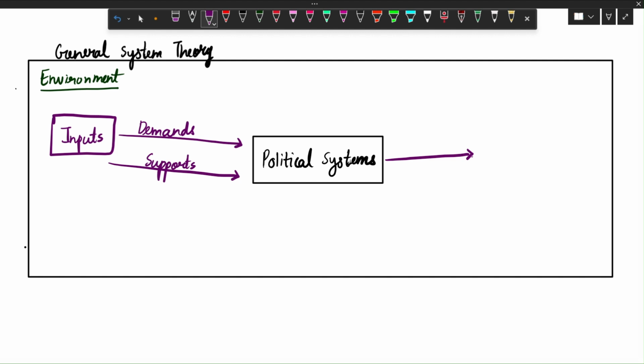The political system recognizes them, understands them, and after that makes a decision or a public policy on the demands of the citizens and the groups. And these decisions and policies are called outputs.